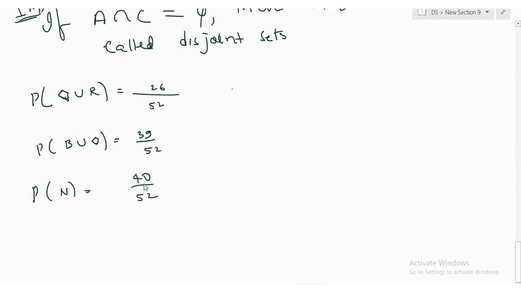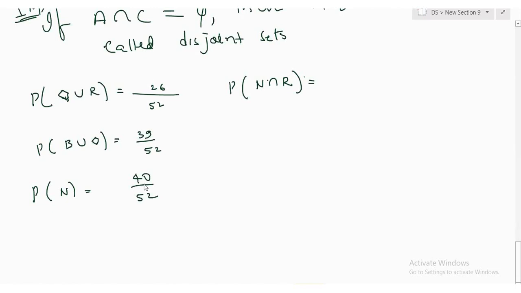Let's make it a little more complex. Probability of number intersection red. What is this? I want a number card, but I don't want all of them. I want it to be a red card as well.